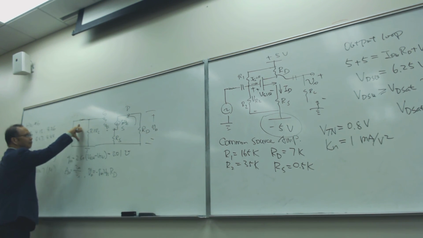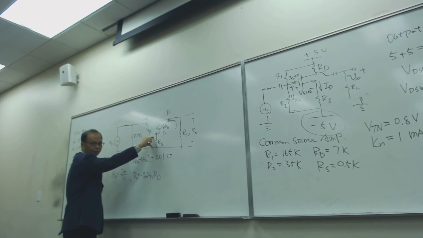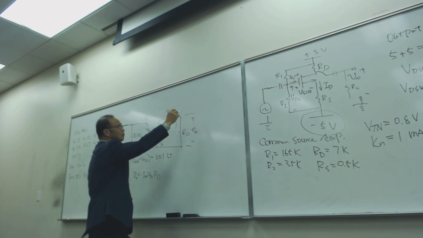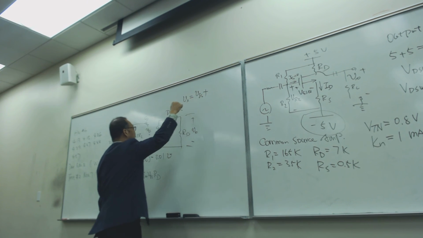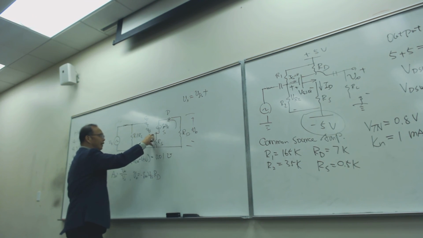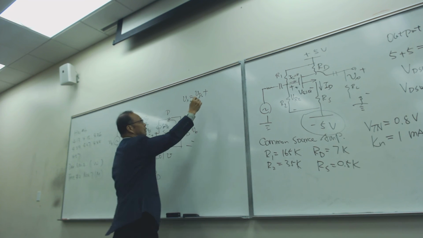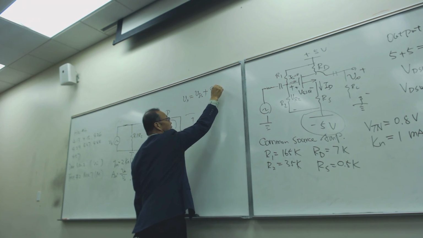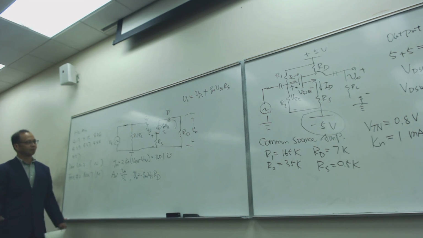So V sub I is here, and that is equal to this plus that, correct? So V sub I is V GS plus, this plus that is the same as this line. And what is this? The voltage drop here is this current multiplied by R sub S, G m V GS times R sub S. That's it.